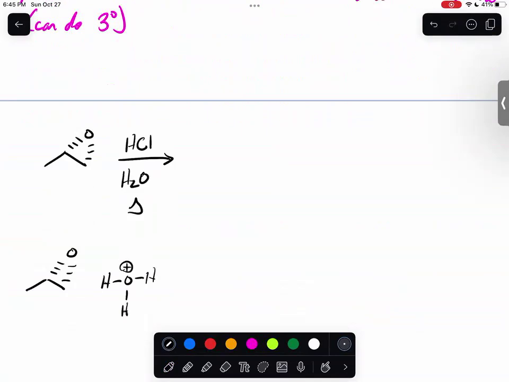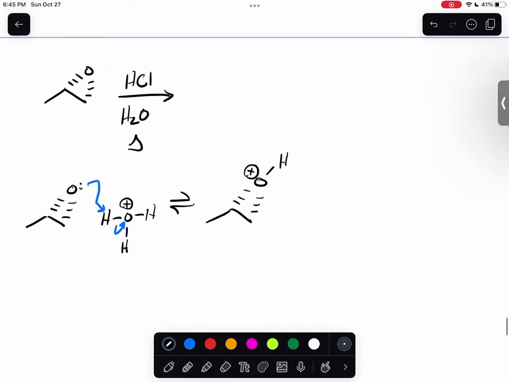And what will happen is the H3O plus will then come in contact with the epoxide to protonate it. But then from here, the best nucleophile we have in solution to do the substitution would actually be the chloride. And so then it could come around to do the SN2, and the actual product of our reaction would be the chlorine on that position instead of something like an alcohol.